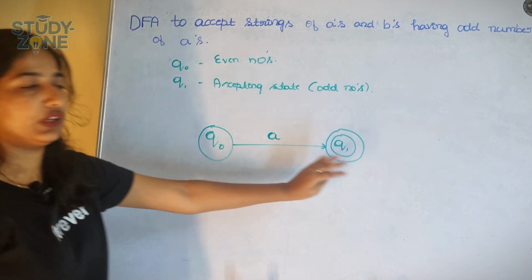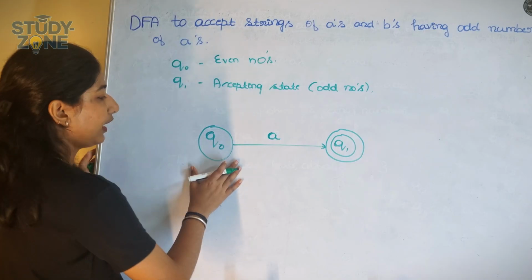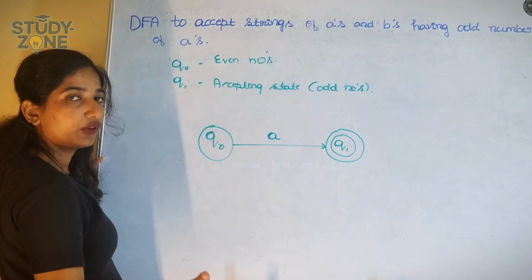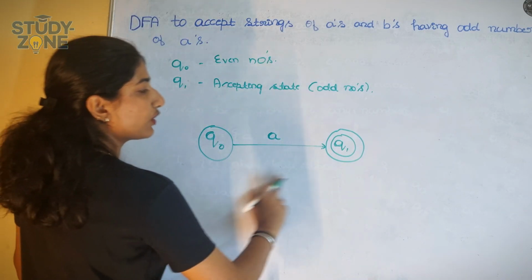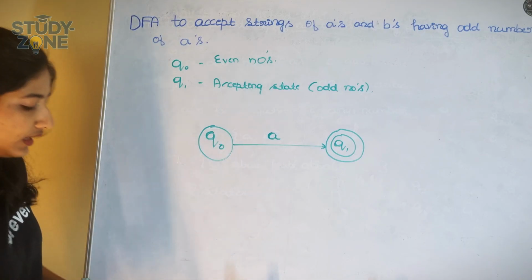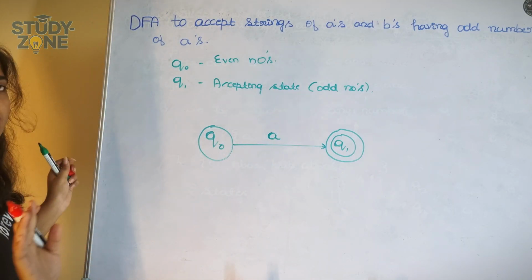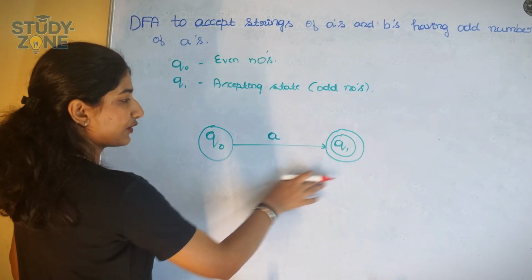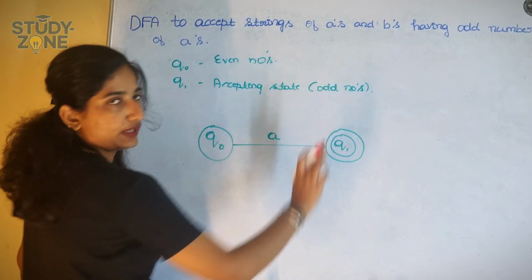Q0 on A moving to Q1, that is odd number of A. Now let's solve it for A first and then we will have to solve it for B, okay? So Q0 on A is moving to Q1. Now what if I get A in the Q1 state? So there are two cases. One thing, it has to go to Q0 state, other it should be there in Q1 state only.